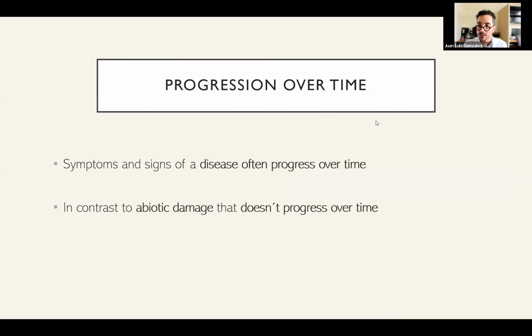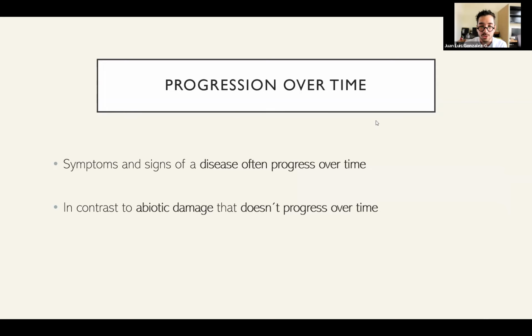So it is also very important that we take note of the progression of symptoms over time. In this case, it is important because symptoms and signs that are caused by a disease often progress over time, in contrast to abiotic damage, like damage that we can see, for instance, with hail, that does not progress over time.